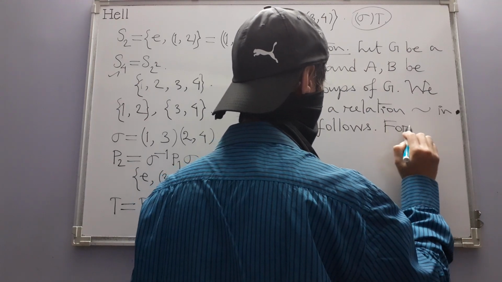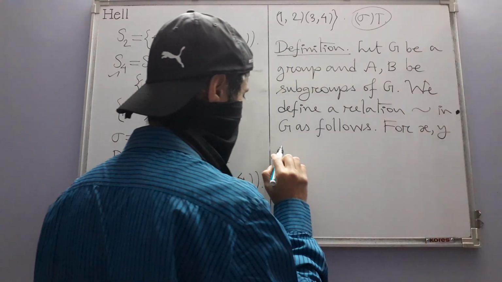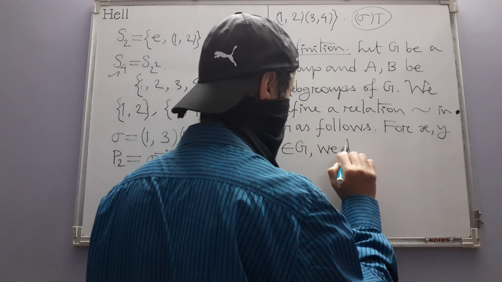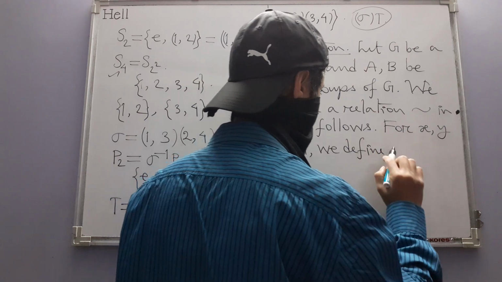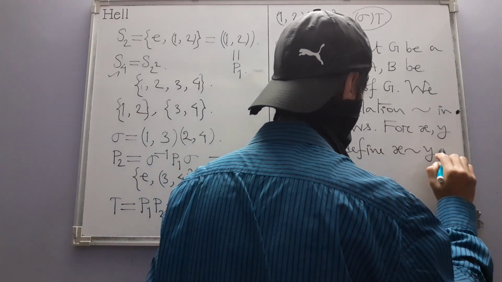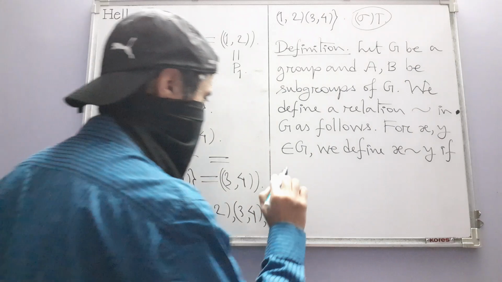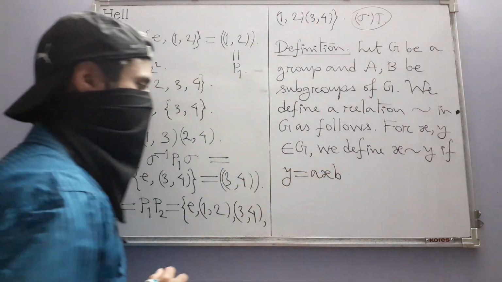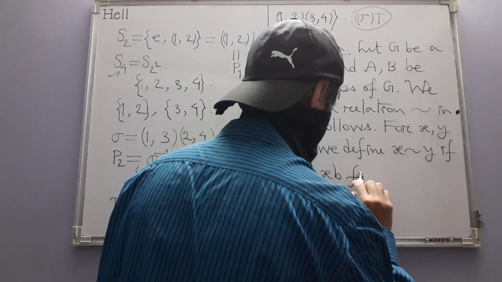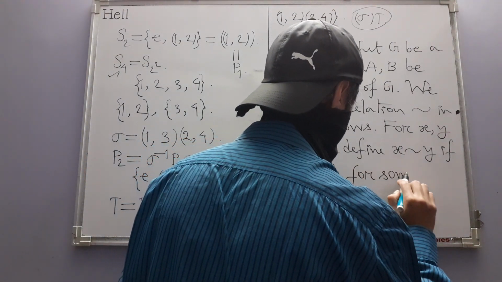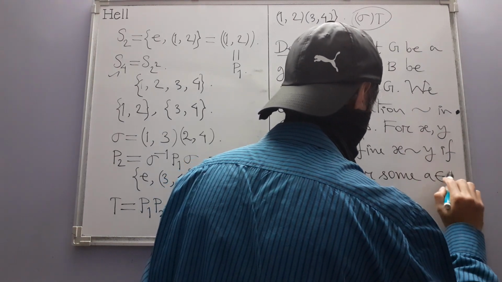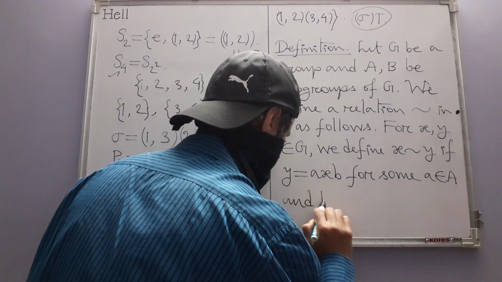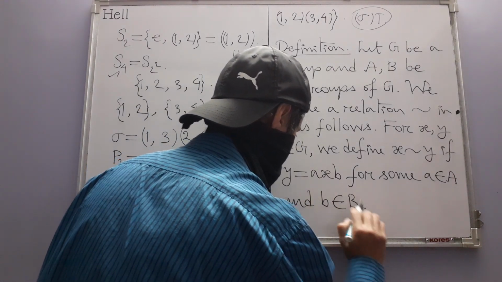For any two elements X and Y in G, we define X to be related to Y if Y is equal to AXB for some element A in the subgroup A and some element B in the subgroup B.